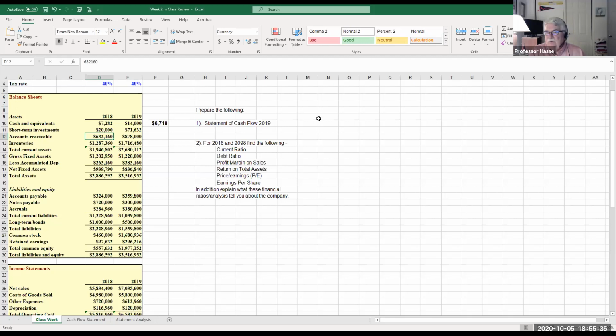And then inventories. How much product have we purchased or produced that's sitting in our warehouse or on our shelves waiting to be purchased? In other words, we've spent the money, we haven't sold them yet. Many of you work for companies that have inventory and produce products.